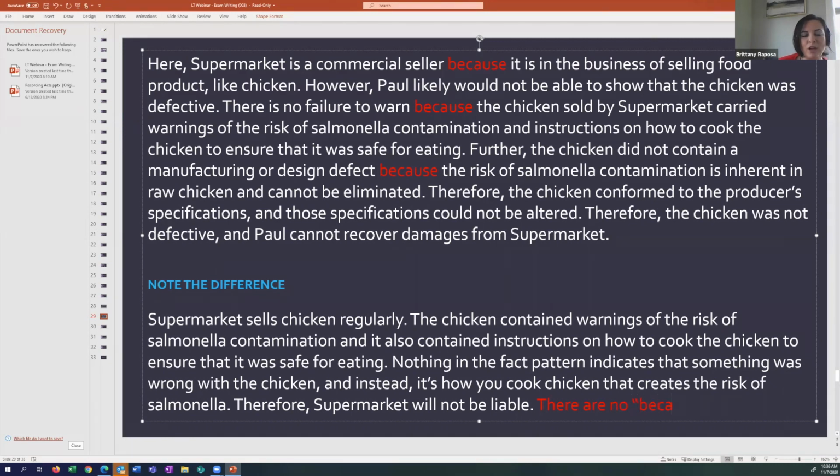So we can see the difference between the two students, and one large one is there's no because statement in the second student, right? So there's not a lot of interweaving law and fact together. And as a result, too, because they didn't pull out the law and connect it with the facts, the student in the second example is actually not hitting all of the elements of strict liability because they didn't take the rule, bring it down, and then connect it with their relevant fact.